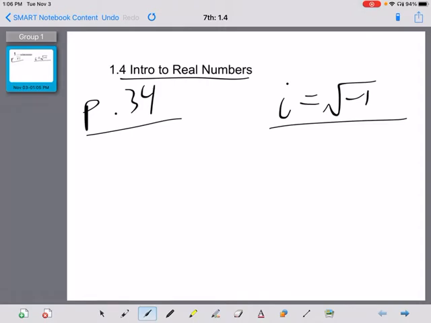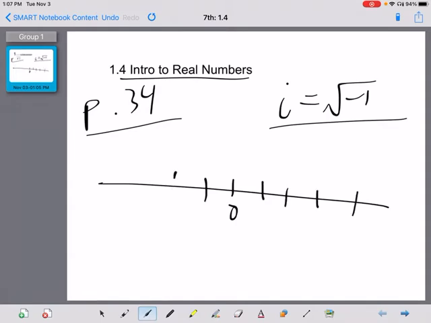If you look at the top of page 34, it says extend the concept of absolute value to all irrational numbers. So basically they're showing you there absolute value. Remember, absolute value is just distance from 0. And you've got 1, 2, 3, 4, -1, -2, -3, -4 there.